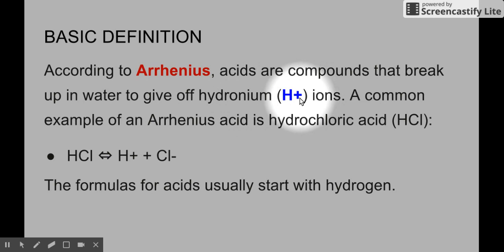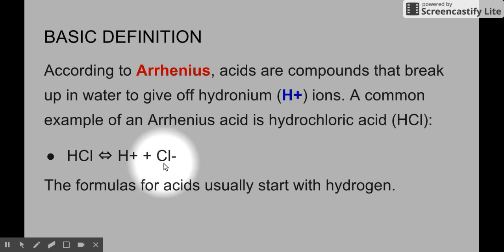Those are your H plus ions. A very common example of an Arrhenius acid is hydrochloric acid, HCl. When you put HCl in water, it will split up into two. We have the H plus cation, which is your hydronium, and the other one is Cl negative, which is your anion. This is your chloride ion.